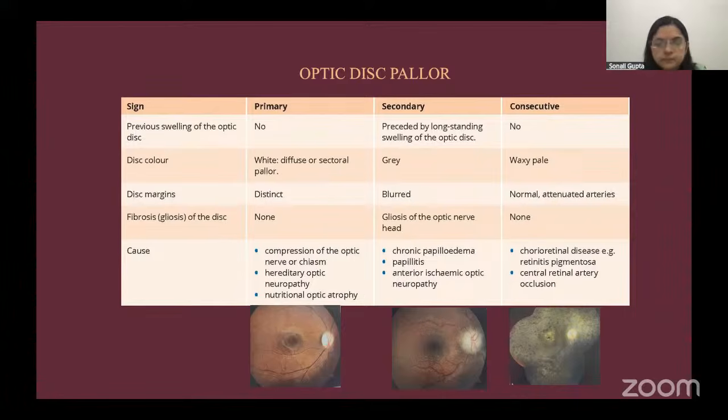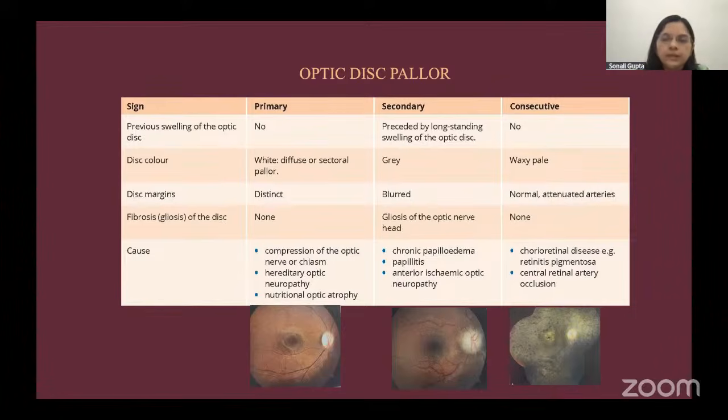Primary could be caused by a compression of the nerve, or the hereditary or nutritional optic neuropathies. Secondary could be following a chronic disc edema, chronic papillitis, or a previous vascular cause which has caused an ischemic optic neuropathy. Consecutive could be due to other fundus diseases.